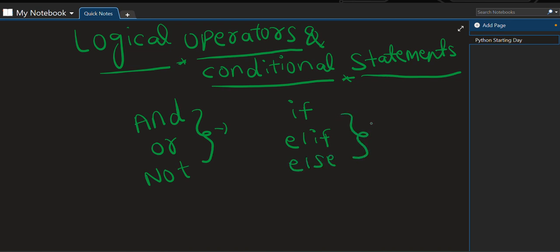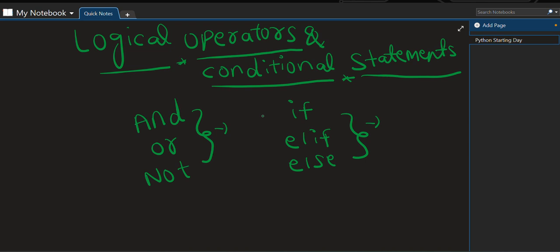These are the three conditional statements we are going to use in most of the problems in day-to-day Python coding practice, or in any other language also. These are the main basic concepts to learn to solve those problems.